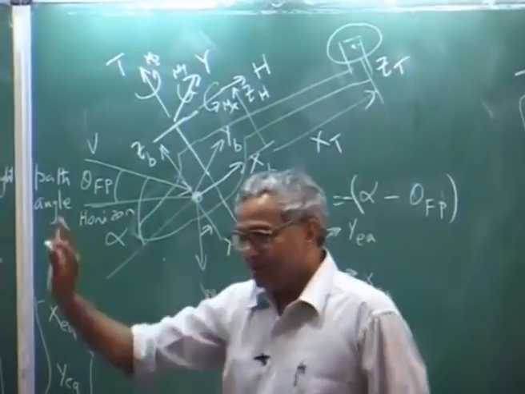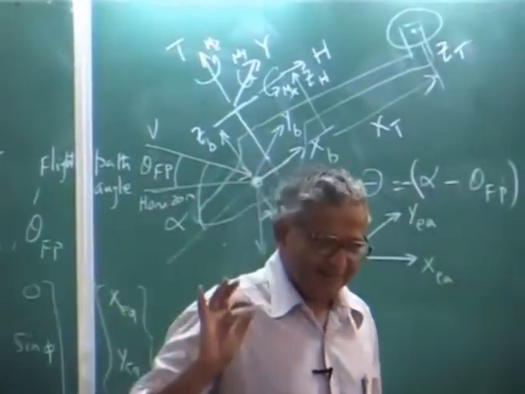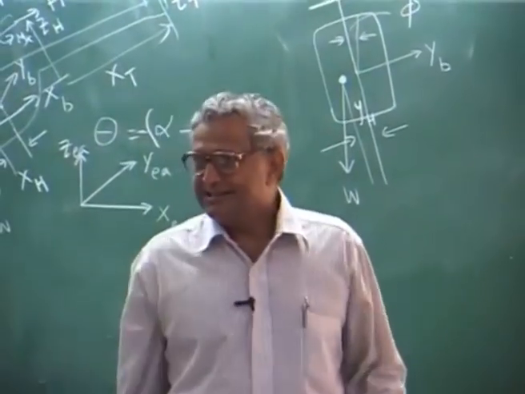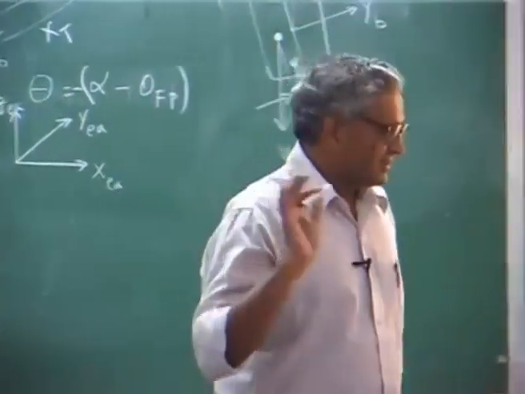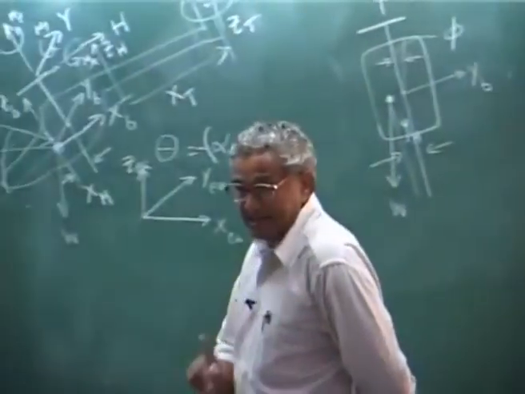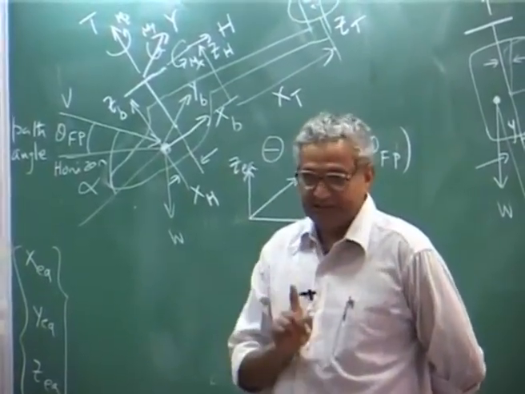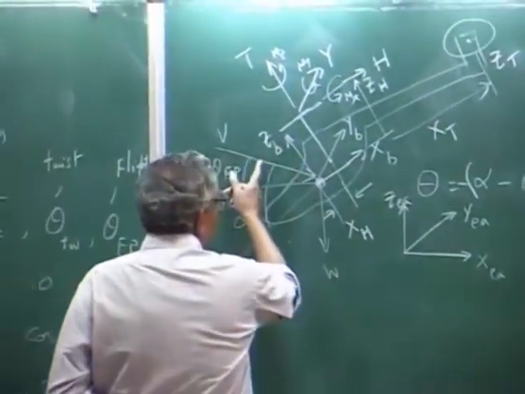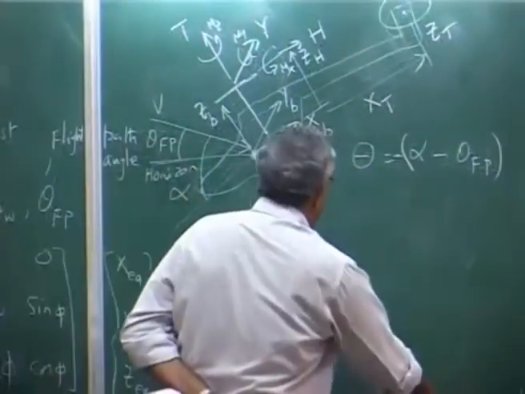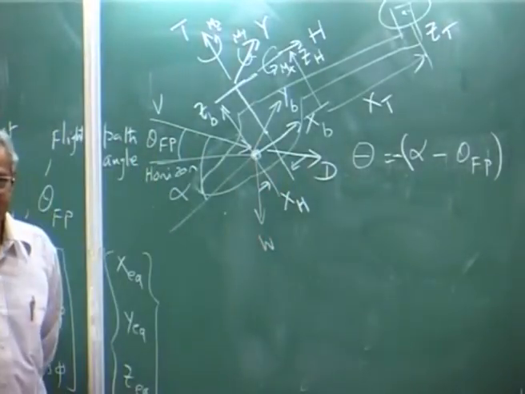I have neglected all other loads, which is reasonably all right for most of the analysis, unless you want to complicate more. For a good solution, that is enough, okay. That is why you see the drag force D, which is the fuselage drag, that is along the flight path, this is the D, okay.